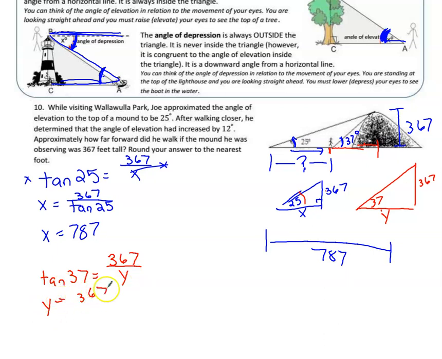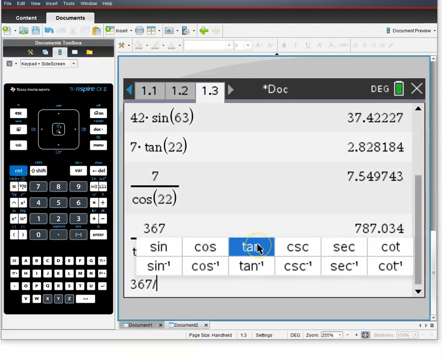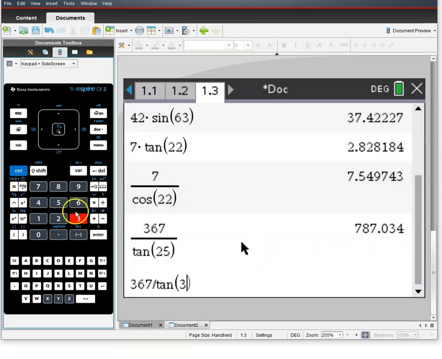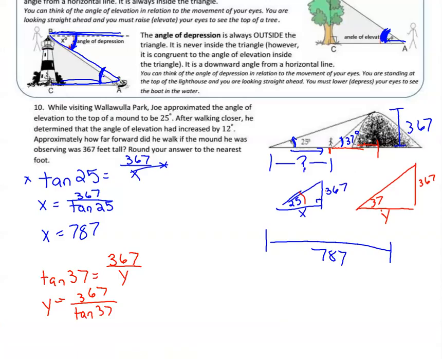So 367 divided by tangent of 37 is 487 feet. So now y is 487 feet. So that tells me this distance right here was 487 feet.